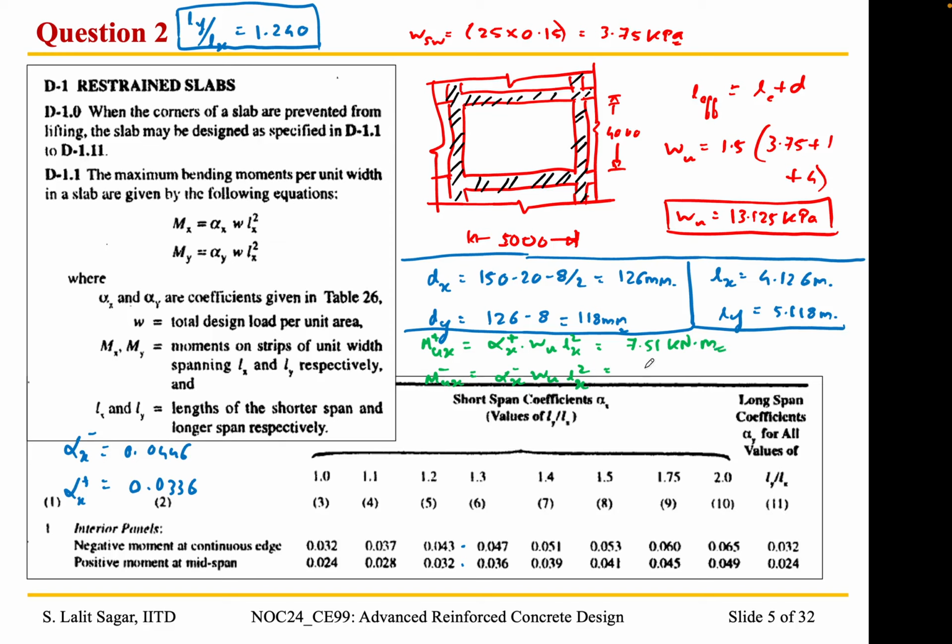Similarly for Mux negative, when we substitute alpha x negative as 0.0446, Wu as 13.125 and Lx as 4.126, we obtain the value as 9.97 kilonewton meter.